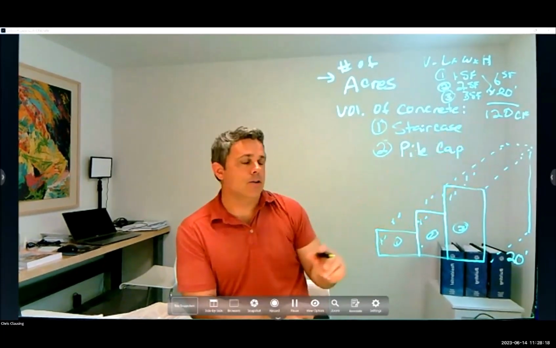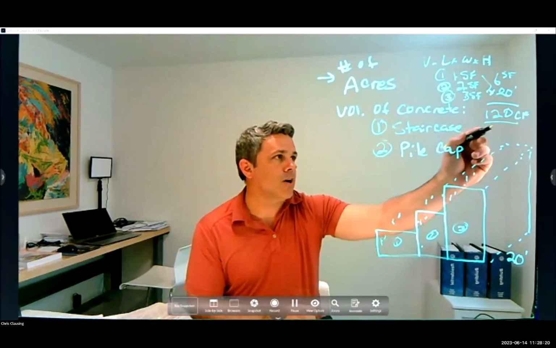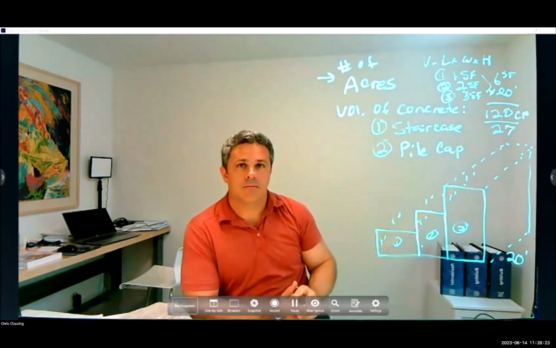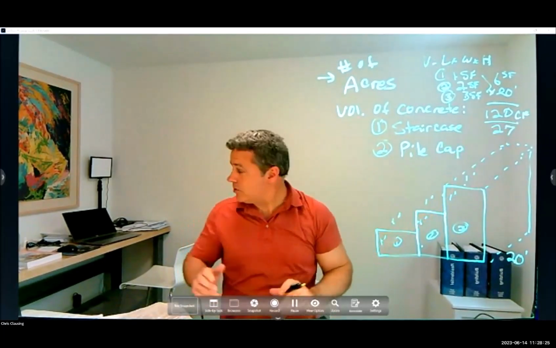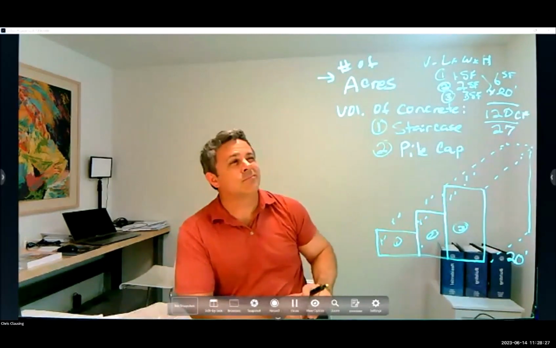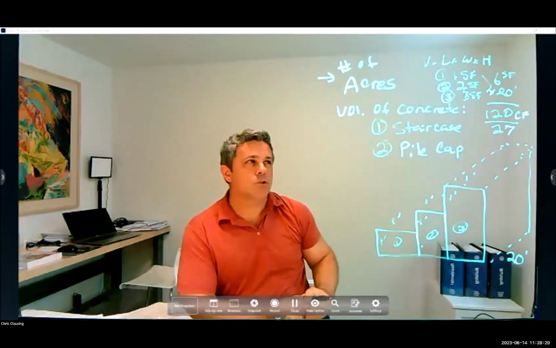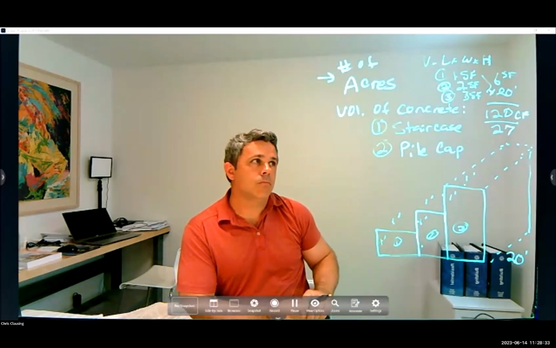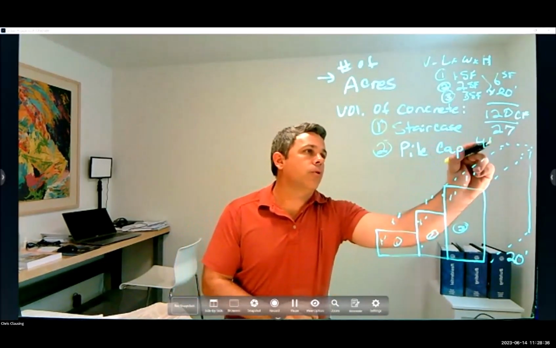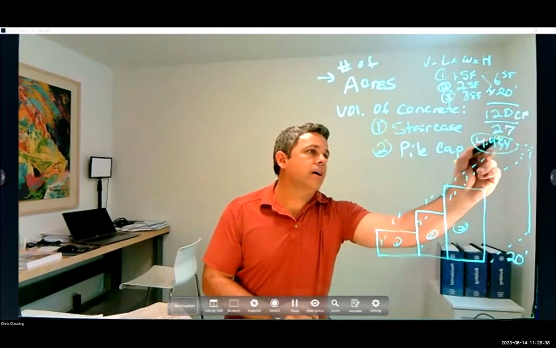And then to convert into cubic yards, you divide by 27. Now that gives you a cubic yard number, which is between 3 and 4. It's 4.4? Yeah. So it'd be 4.4 cubic yards. That's how much concrete you need here.